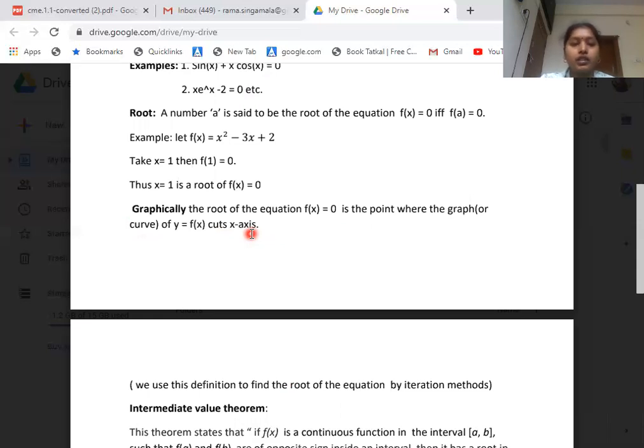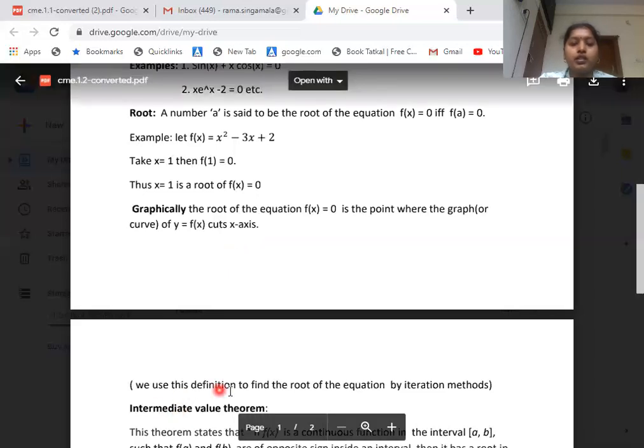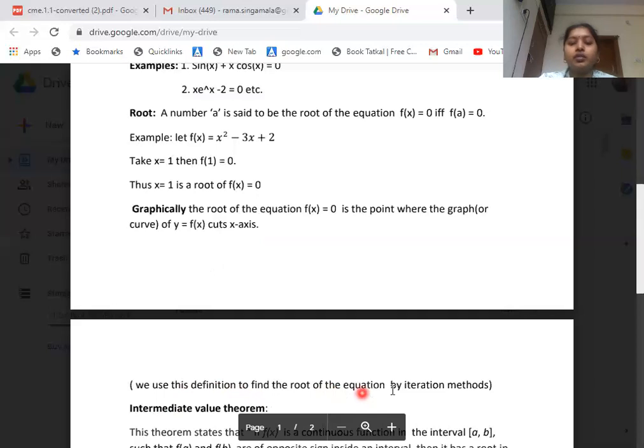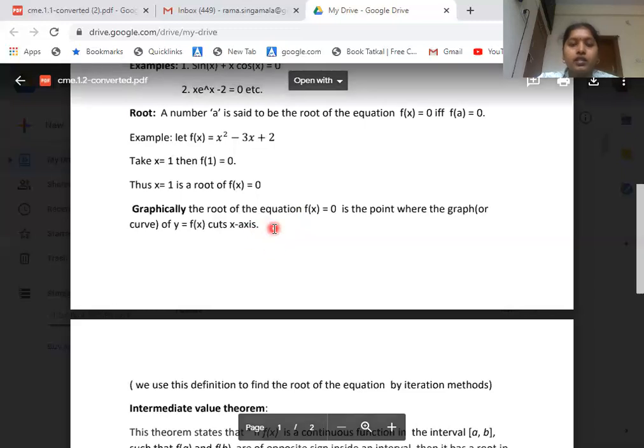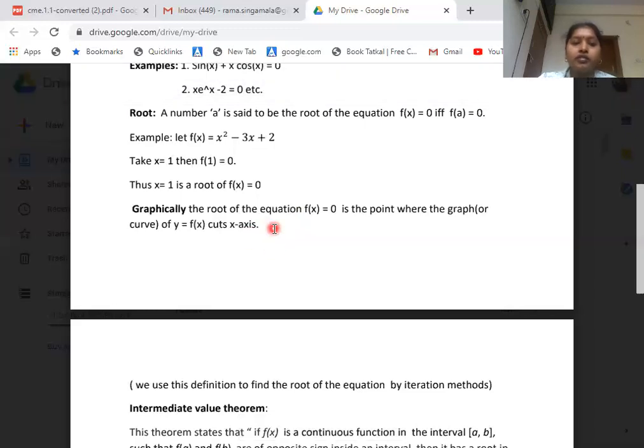If the graph doesn't cut x-axis, then there is no root of the equation f(x) = 0. So we are going to use this graphical meaning to find the root of the equation by iteration methods. So if the graph cuts x-axis, then we may see that some of f(x) values are positive and some of f(x) values are negative.